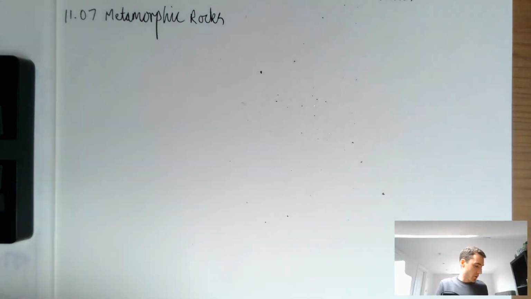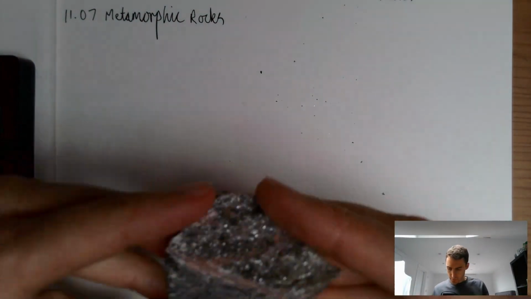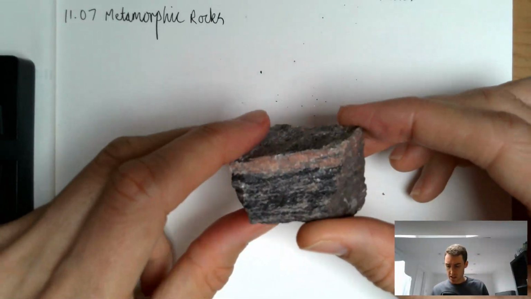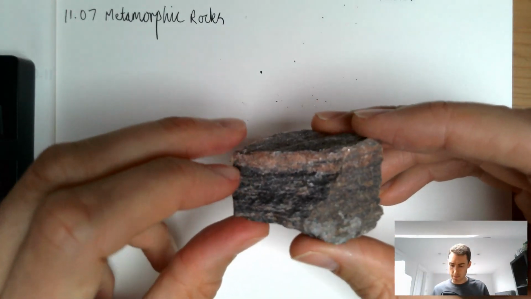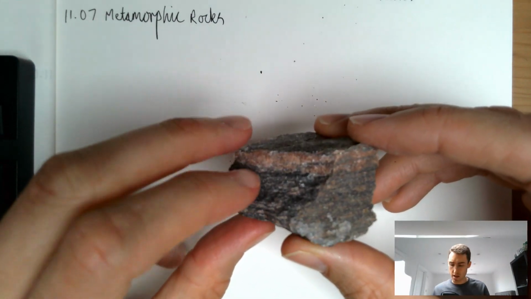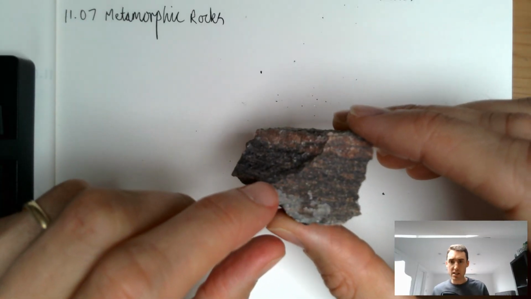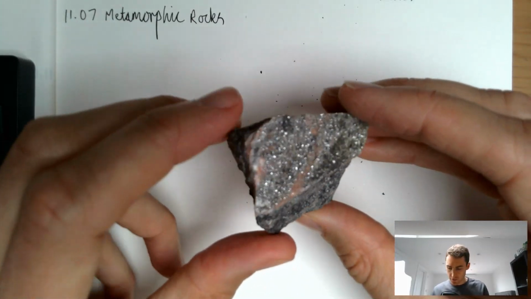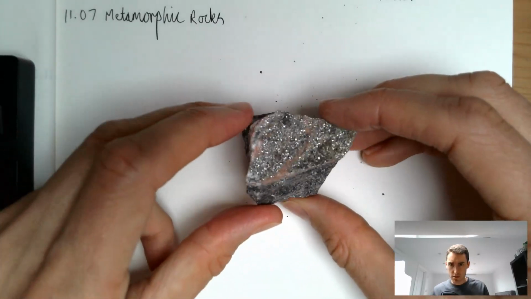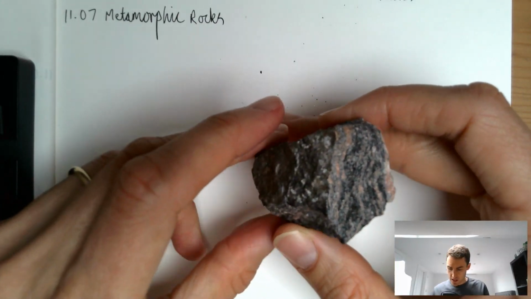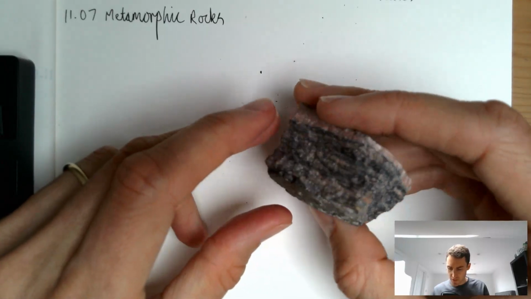Whereas contrast this with this one, so you can see this one. So this is gneiss, not spelt like N-I-C-E, but spelt G-N-E-I-S-S. And actually you can see some quite distinct layers. So this is where it starts to get confusing because it's quite shiny. That's quite obvious from turning it over. It's quite shiny, but actually it does seem to have these layers.